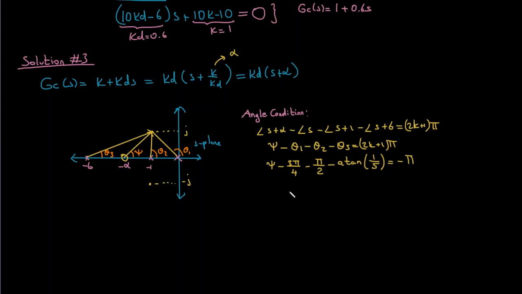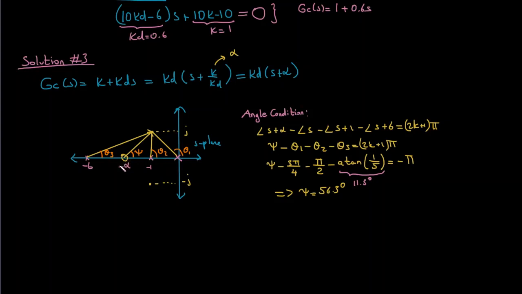Okay, so you can put that. And arctangent 1 over 5 is around 11.3 degrees. And if you do the computations, then you will see that psi is equal to 56.3 degrees, okay? So that's a 56 degree angle over there.